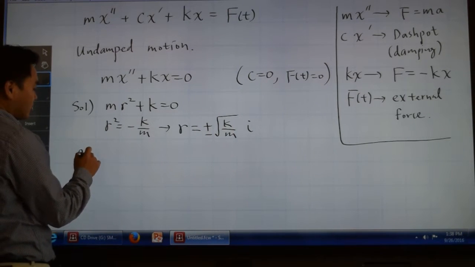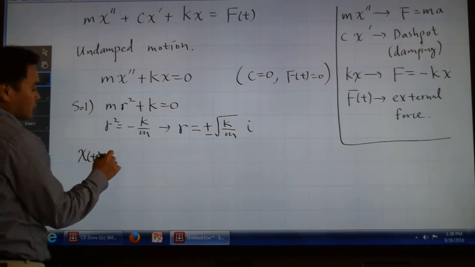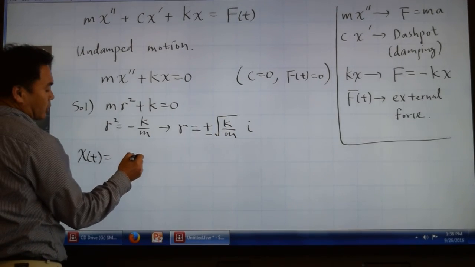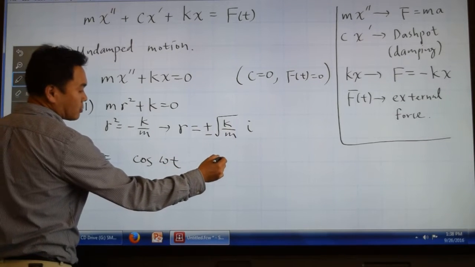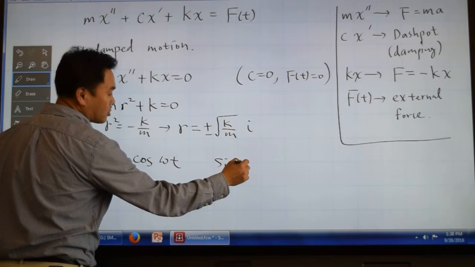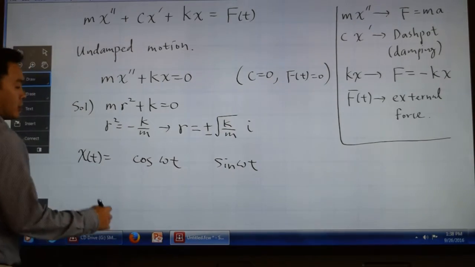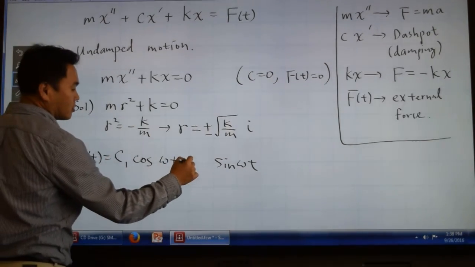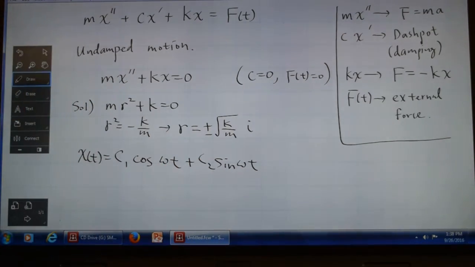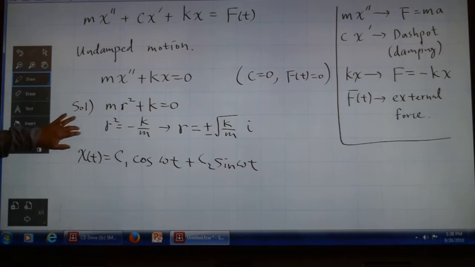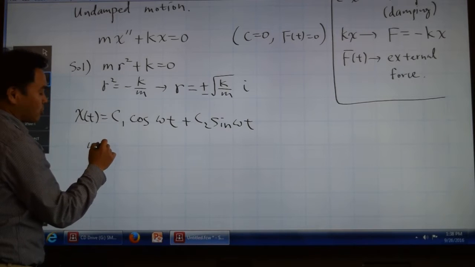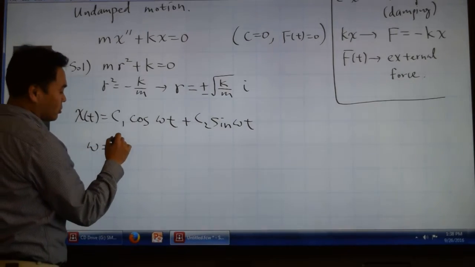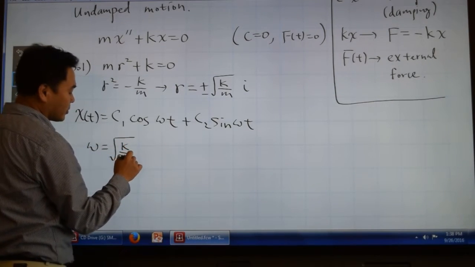So you know that x(t) has to be c1 cosine of omega t plus c2 sine of omega t, where this w, I should actually say omega. Omega is the square root of k over m.